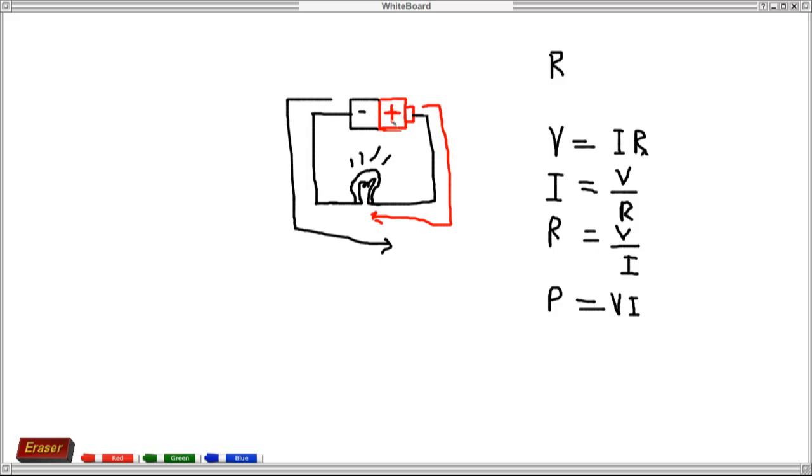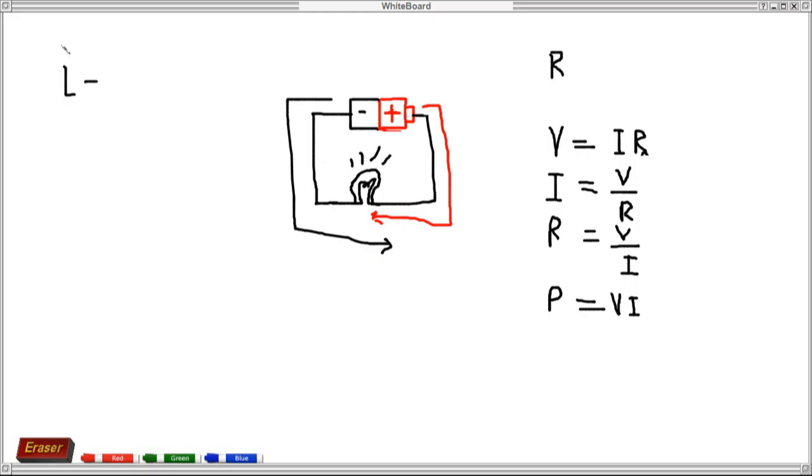Now you get to a point like, what exactly is resistance? It boils down to the fact that there's power loss in your circuit due to heat. This is not only based on whatever load you put in here.